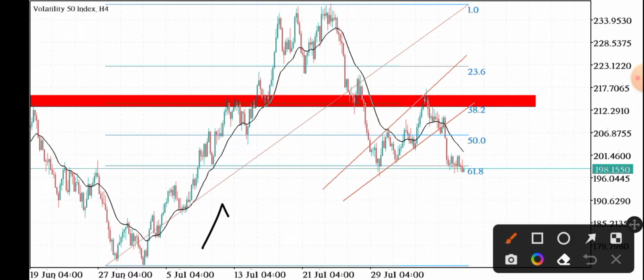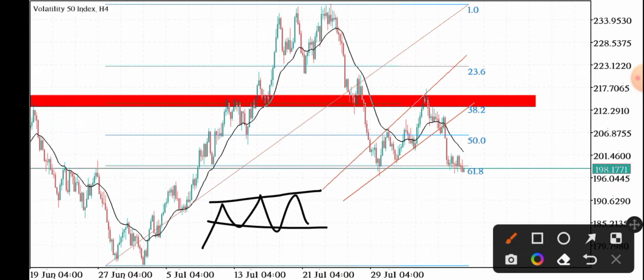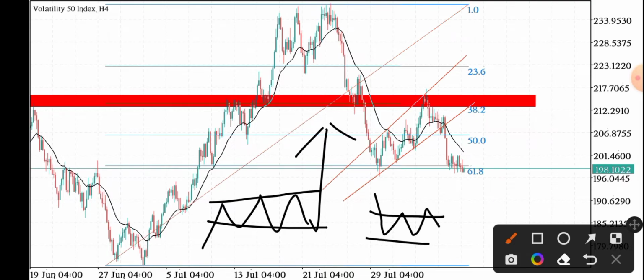This is the bullish flag pattern, and this is the bearish flag pattern. You can understand through this principle. With the bullish flag pattern, when price has been buying for some time and you see it consolidating, plot your trend line.